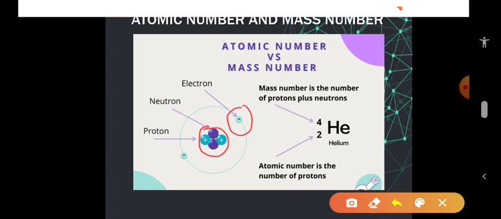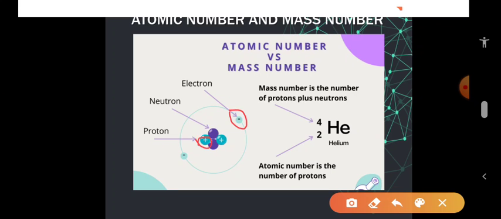Now what is atomic number? Atomic number means the number of electrons or the number of protons. See, the number of protons and the number of electrons will be equal in a stable atom.